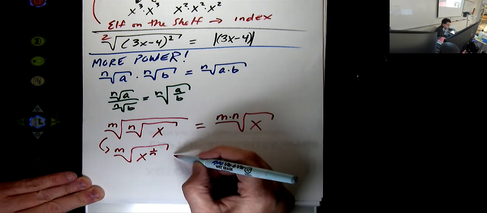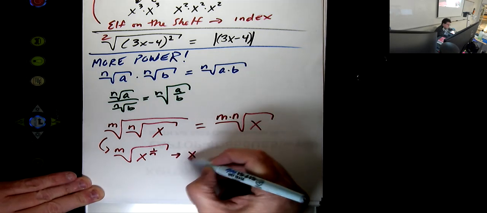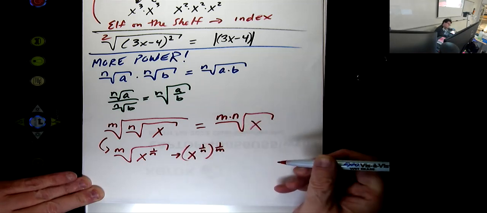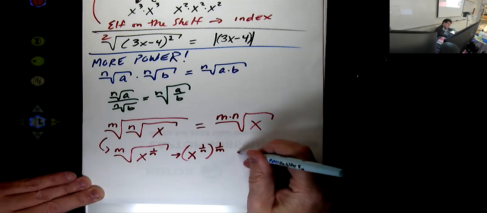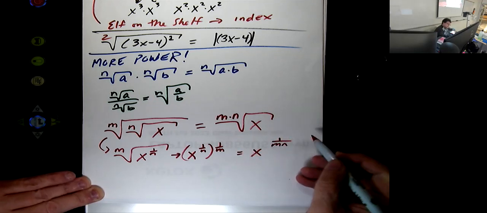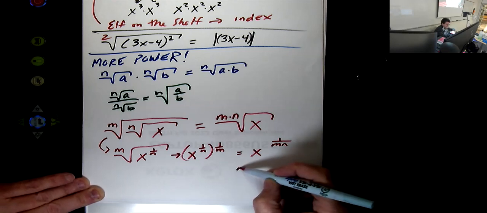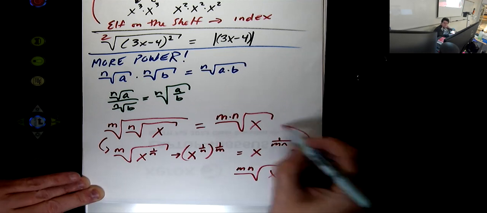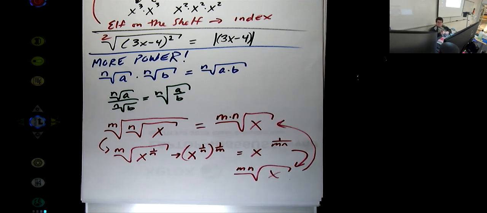And that means this is x to the 1 over n to the 1 over m, which is the x root of 1 over m times n. And now you can pull it back out and make it a radical again. All of this works in the exponent as a fraction form.